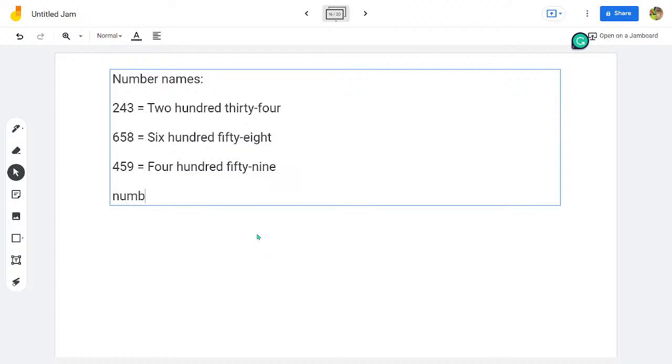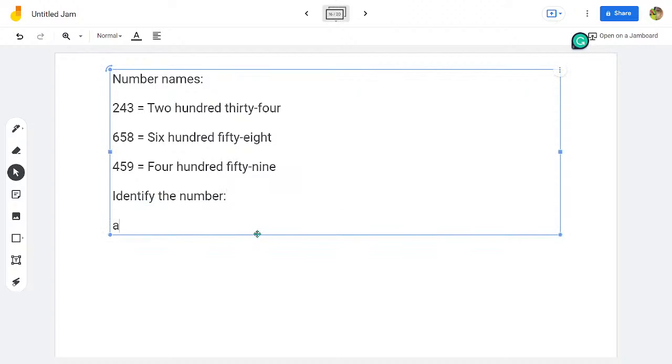Now from number names, if we have to go back to the number, identify the number. So let's say we have a number 367.